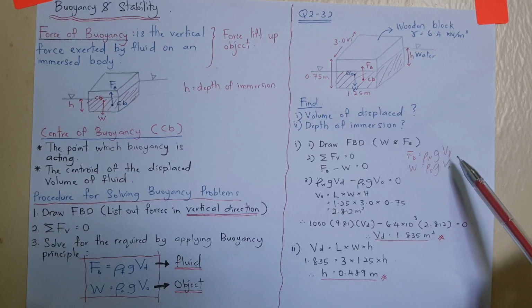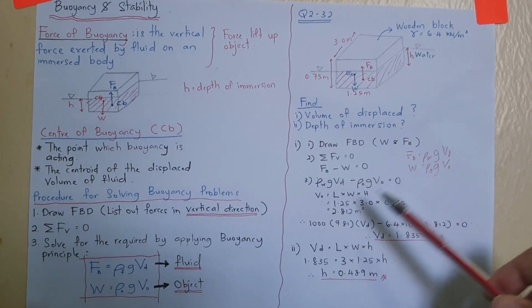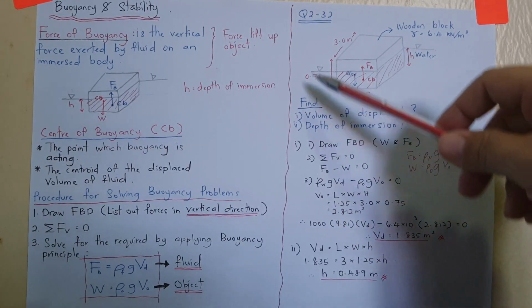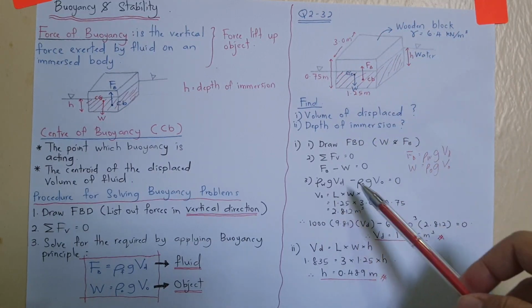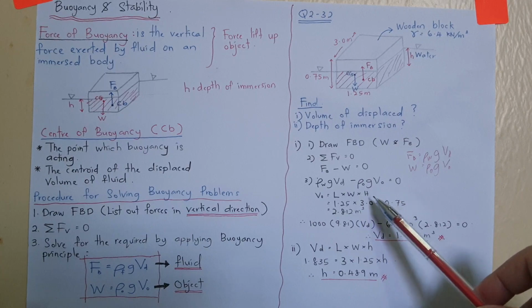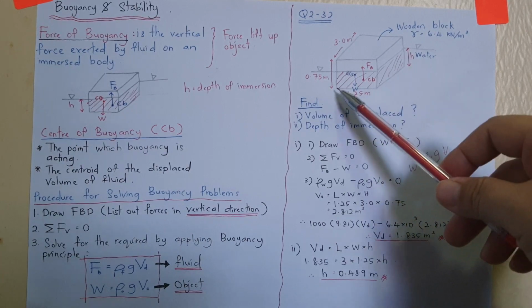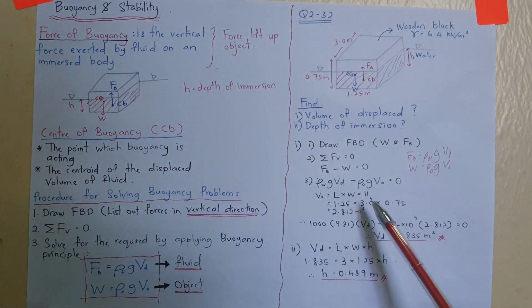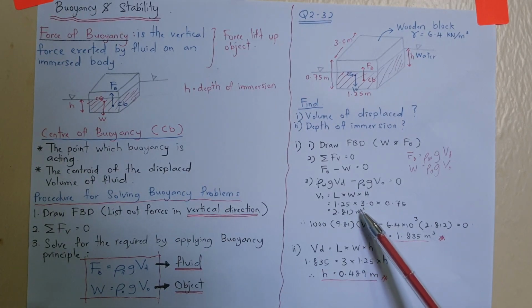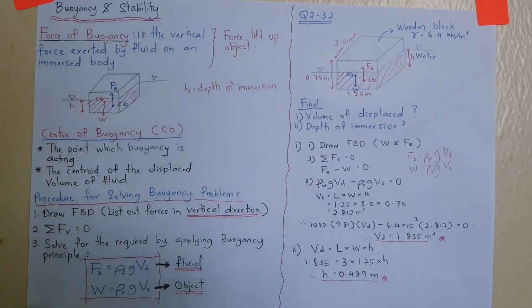So what is the volume of the object? The volume of the object is the volume of the wooden block, equal to length times width times height. Length 3 meter, width 1.25, height 0.75. So we get V object 2.812.